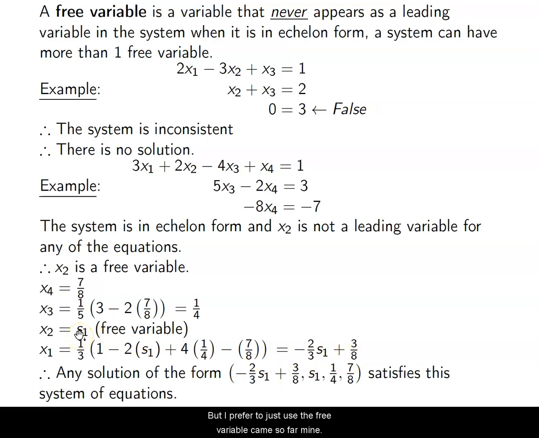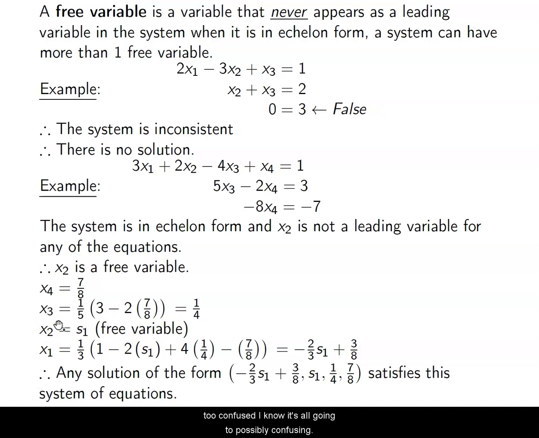Okay, so for me, what I'm going to write is, instead of s1, where this is my first variable, I'm going to write it as x2. I'm just going to keep x2 everywhere. That's kind of the way that I was taught. This textbook will introduce a new variable for your free variables. Okay, so I don't want you to get too confused.